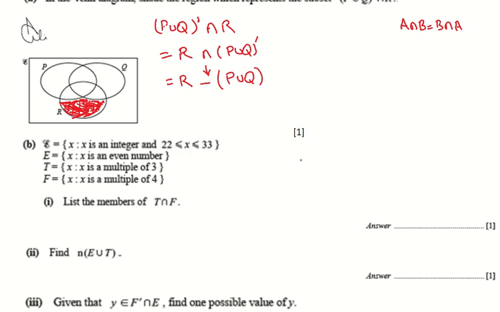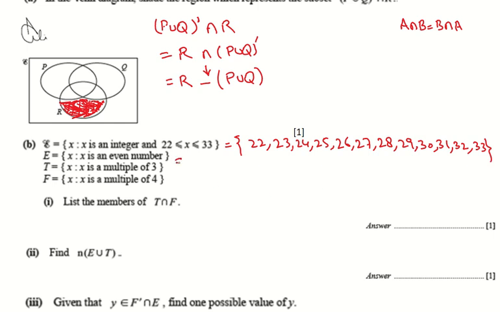Next, epsilon is the universal set in which we have 22 to 33, including 22, 23, 24, 25, 26, 27, 28, 29, 30, 31, 32, and 33.